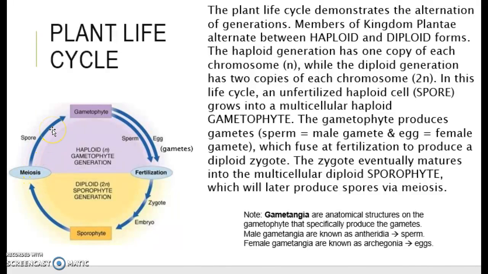From there, as we talked about, the spore gives rise to the gametophyte. So haploid, remember, is going to be 1N. Diploid is 2N. So this is an example of the plant life cycle. Please pay attention to this note here. One thing I want you to remember is that this is demonstrating the alternation of generations in the plant kingdom.